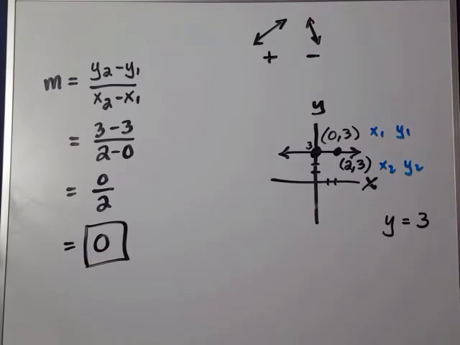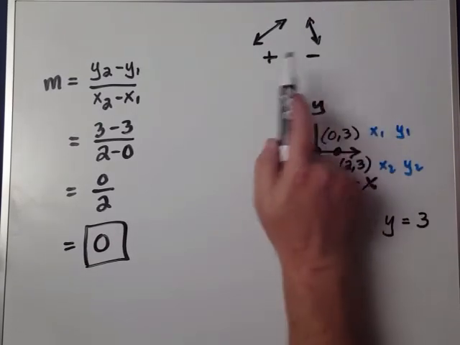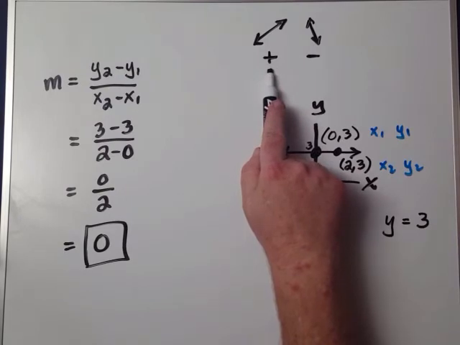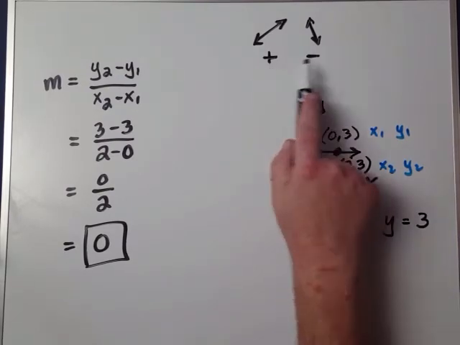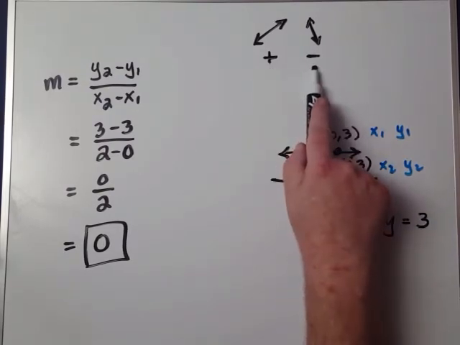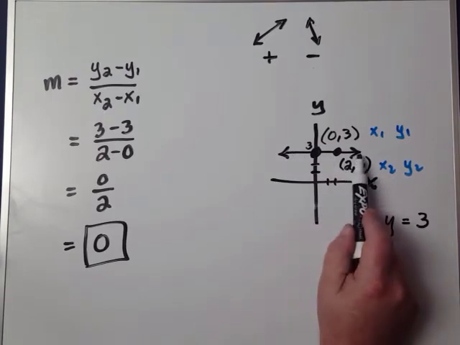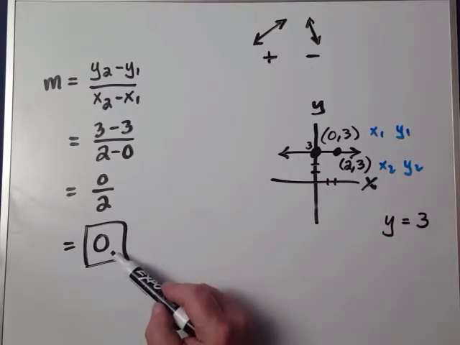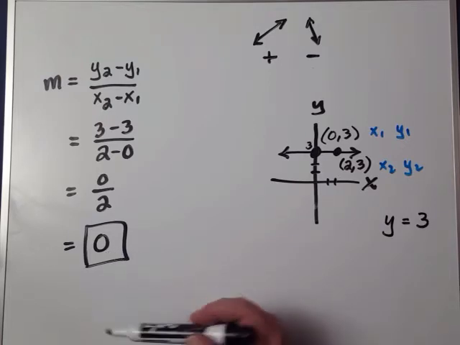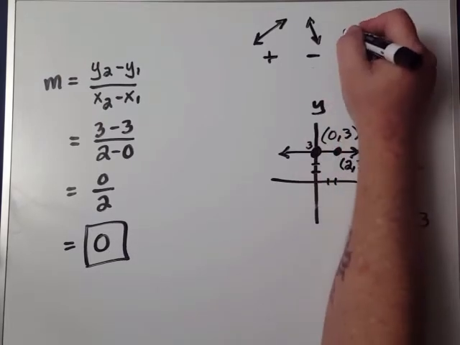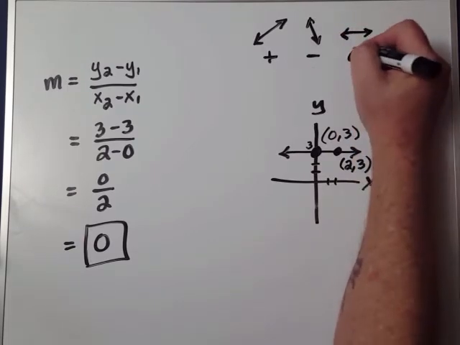So let me get this straight. A line that rises from left to right has a positive slope, and a line that falls from left to right has a negative slope. And then we've got this line that neither rises nor falls as we go from left to right. Neither rises nor falls, and its slope is neither positive nor negative. Nice. All horizontal lines have a slope of 0.